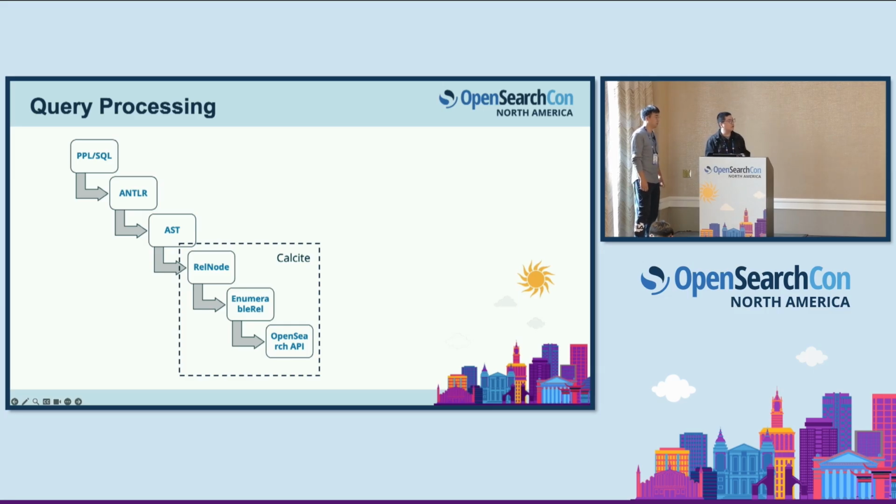Calcite also does cost-based optimization work and creates the physical plan. Currently, we use the internal physical plan called enumerable nodes, the enumerable RelNode API. If we have the execution physical plan and we find some query can be pushed down to the DSL API, we push it down to generate the OpenSearch DSL API.